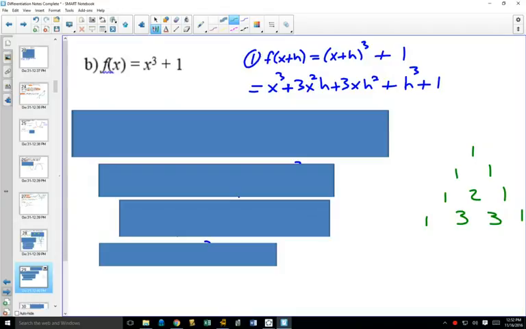And notice we've got 1, 3, 3, 1. So that's what takes the longest, is expanding the x plus h.